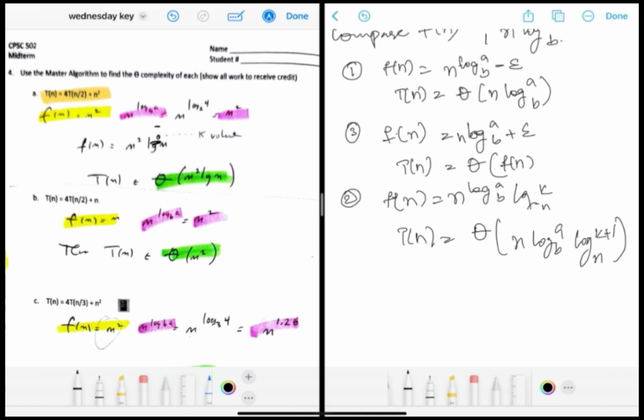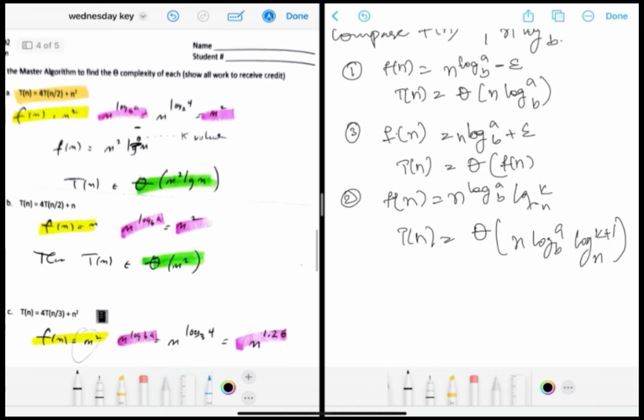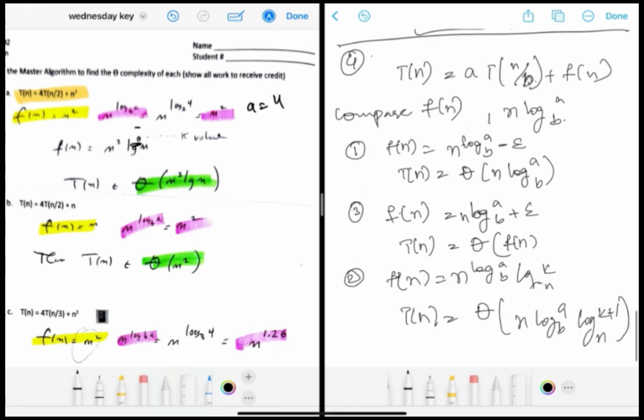A is equal to 4, b is equal to 2, and f of n is equal to n square. n^(log a to the base b) is n^(log 4 to the base 2). If we simplify this, log 4 to the base 2 is 2, so n square.